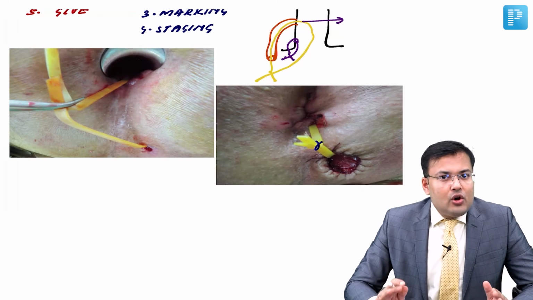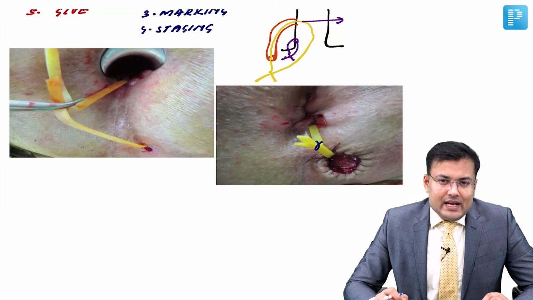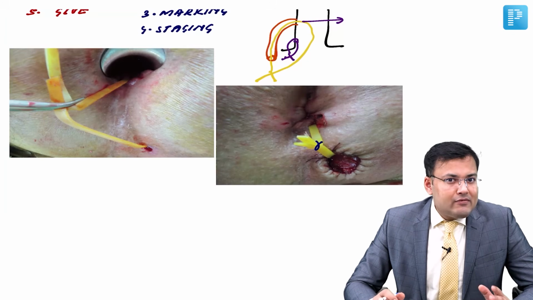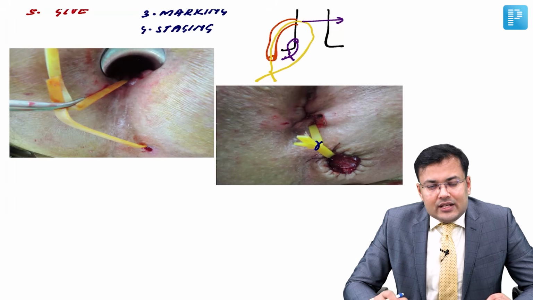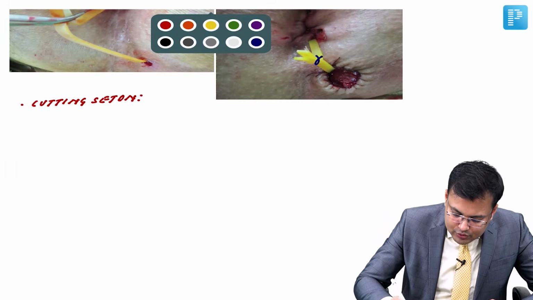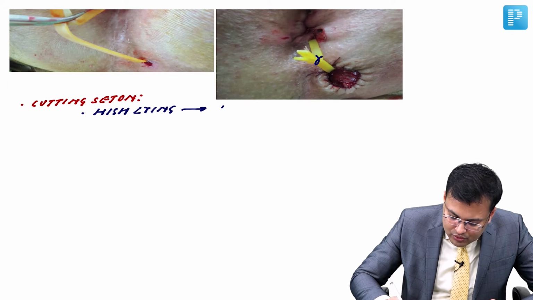And the patients who are having multiple infected fistulas, like HIV positive patients and Crohn's disease patients, in those cases we use draining Seton to control the infection. Clear? So what are the uses? We discussed the uses. Cutting Seton is used to convert high-lying fistula into low-lying fistula.